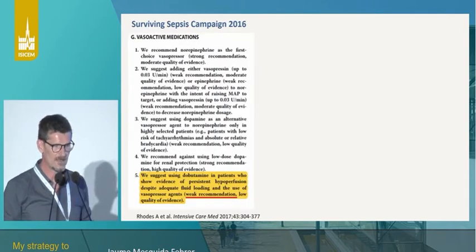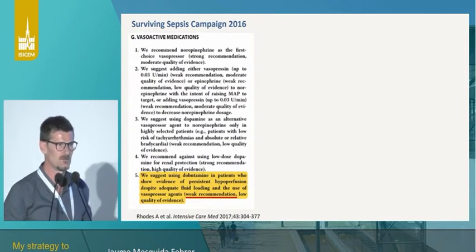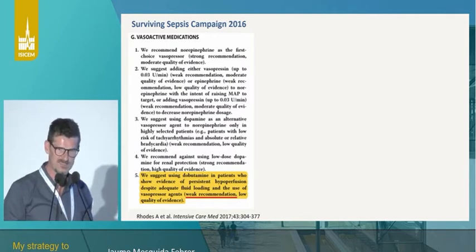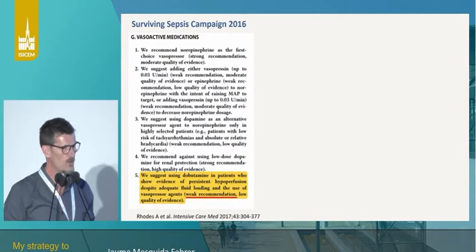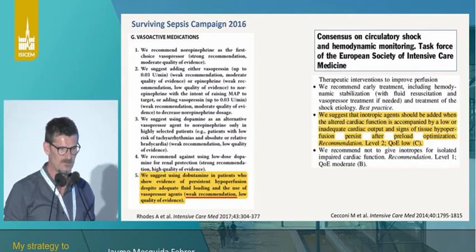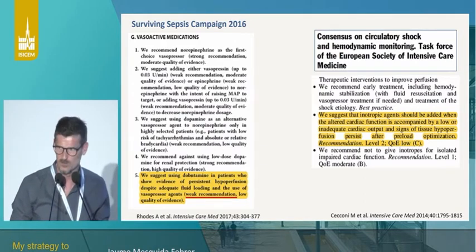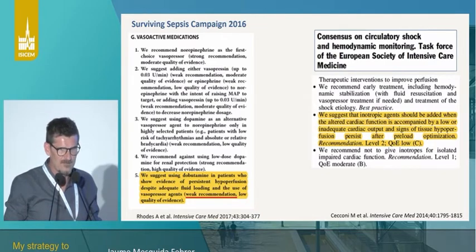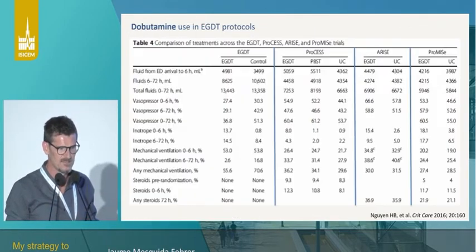Again, if we go to the recommendation, we will find that it's a weak recommendation to use an inotrope if we have persistent hypoperfusion and we have already optimized the volemia. On this occasion, I don't have any extra help from the other group of experts, so it's also a weak recommendation to use dobutamine. If I have to use dobutamine, I just want to look at what people do.